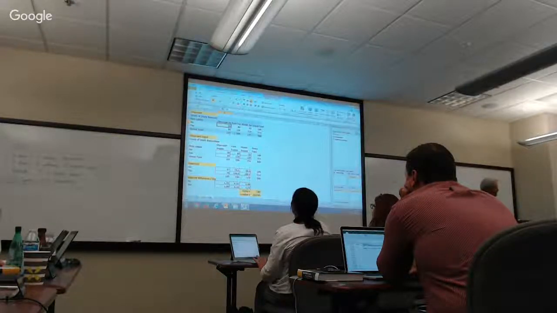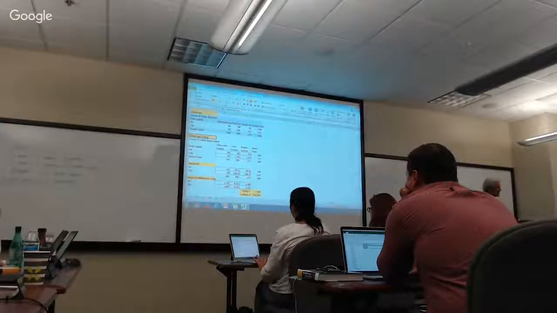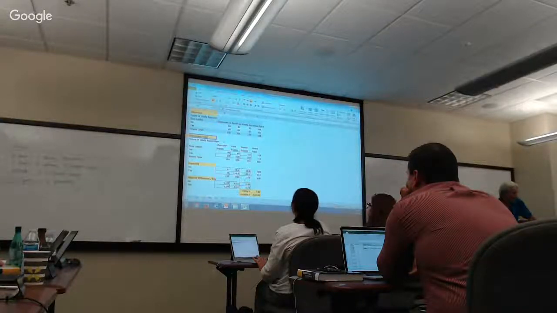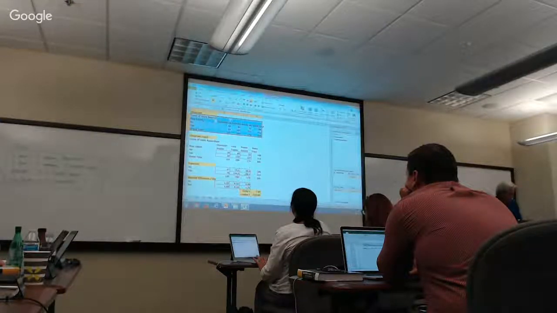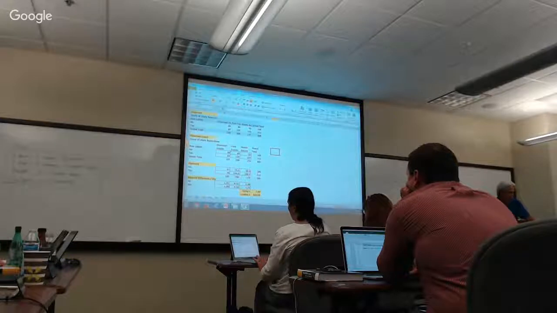So you get rid of all this stuff, right? I may have already turned this into values, but no, I didn't. Okay. So all I did was copy this pivot table, and when I pasted it, I turned it into values, so it didn't come around as a pivot table. Okay? Anybody having trouble with that?